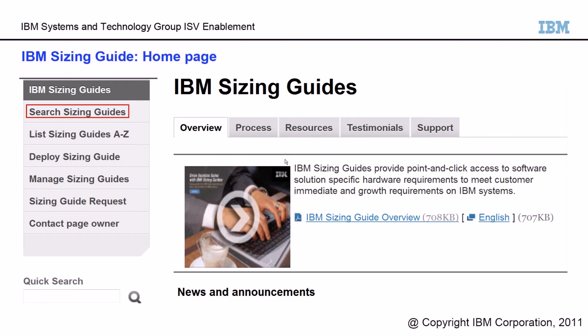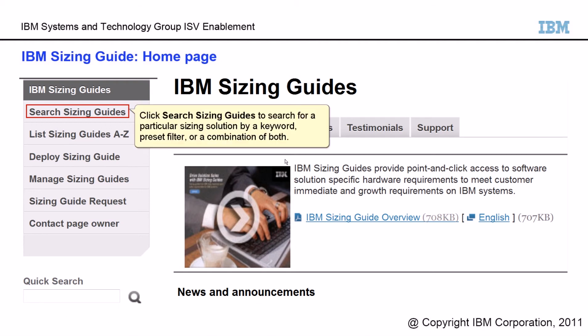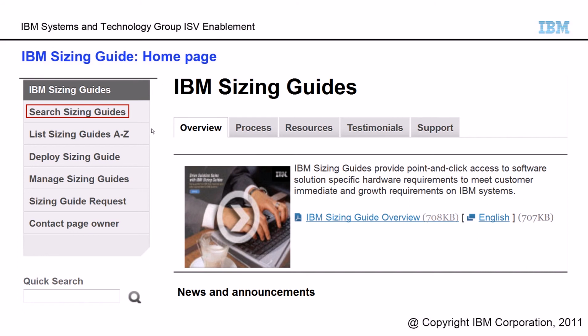First, take a look at the Search Sizing Guides option. Click Search Sizing Guides to display the search page that enables you to look for a particular sizing solution by doing a keyword or preset filter-based search, or a combination of both.